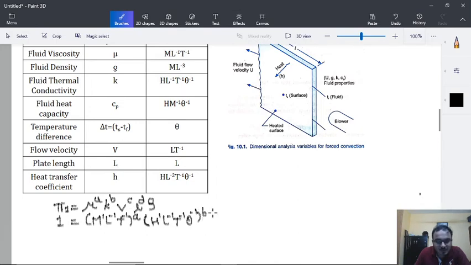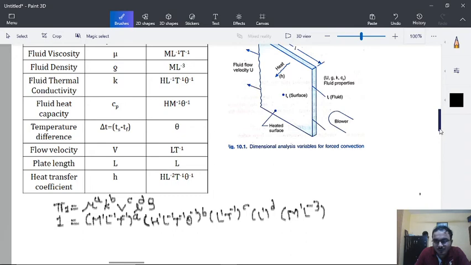Then we have velocity, so L1 T minus 1 to the power c. Then we have L, that is for length, so L1, power will be d. Then we have density rho, that is M1 L minus 3.